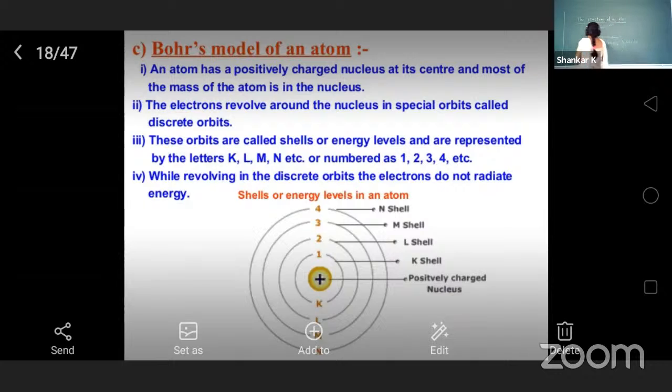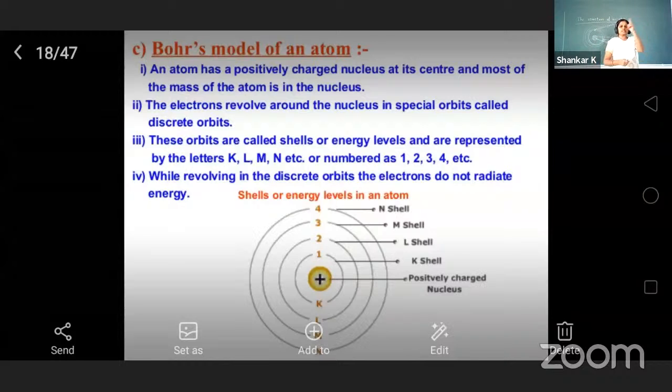We represent the energy levels, shells or orbits with the letters K, L, M, N. We also represent them with numbers: K is 1, L is 2, M is 3, N is 4.